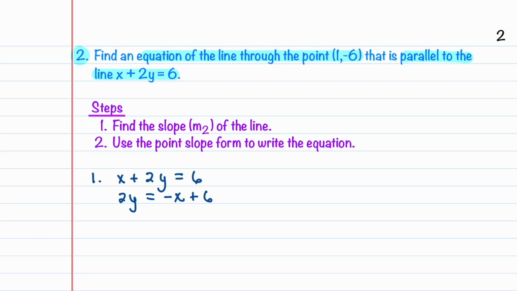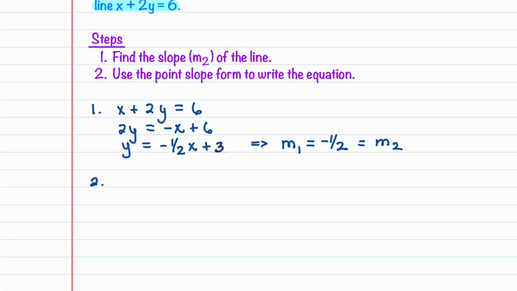Now we're going to get y by itself, so we're going to divide each side by 2, and we have -1/2 x + 3. This tells us that the slope of our line, which we're going to call m1, is equal to -1/2. And because our two lines are parallel, this is going to be the slope of our new line, which we're going to call m2.